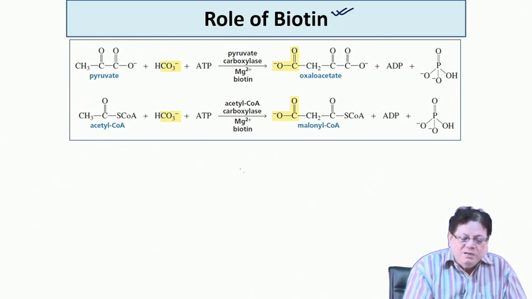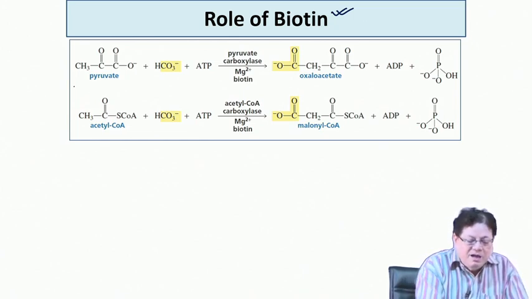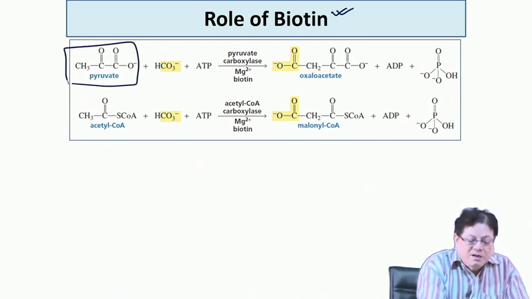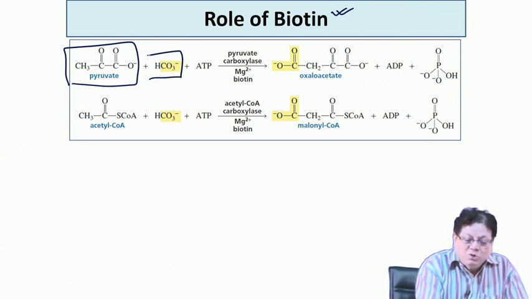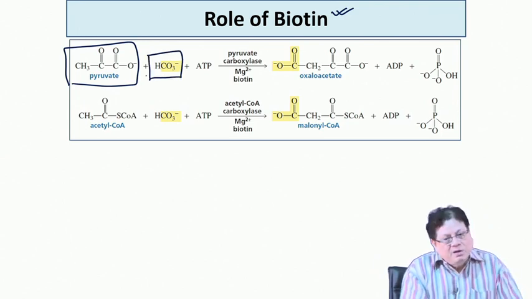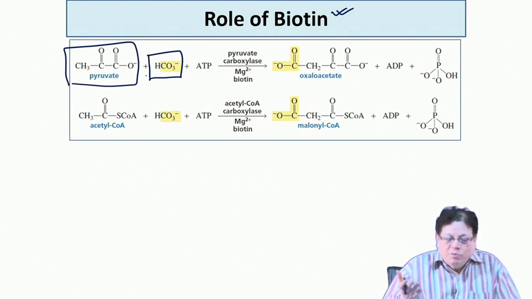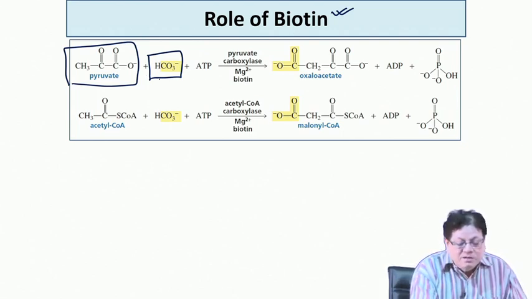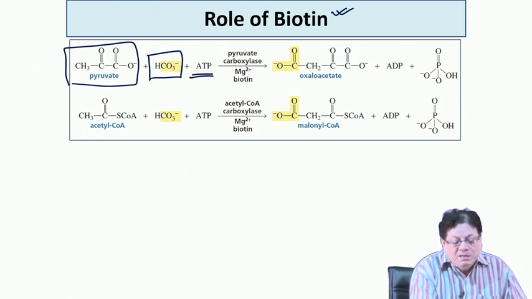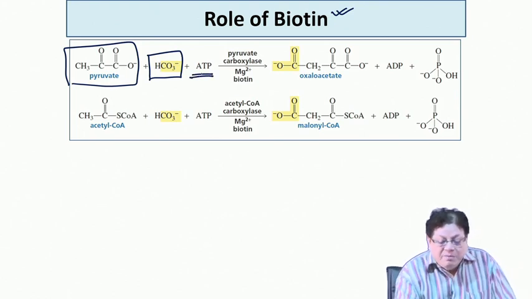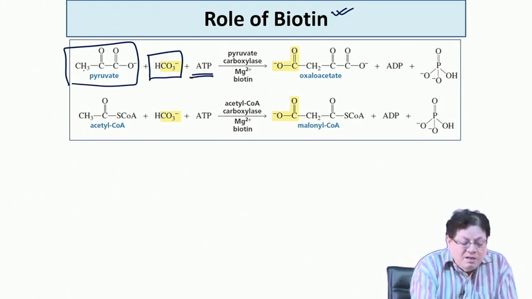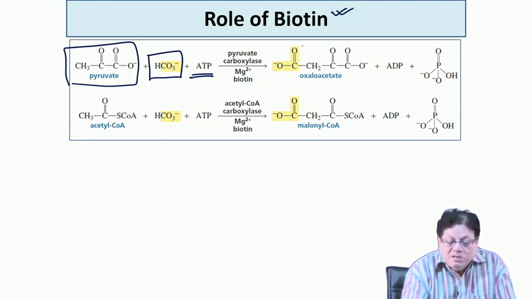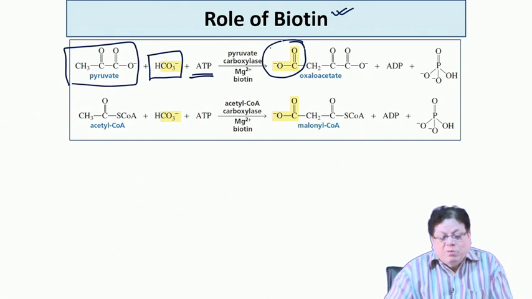Biotin participates in reactions like this: if you take pyruvate, the source of carboxylation is carbon dioxide, in the form of bicarbonate, and in the presence of ATP, one hydrogen of the CH3 is replaced by CO2, because that is what carboxylation is.